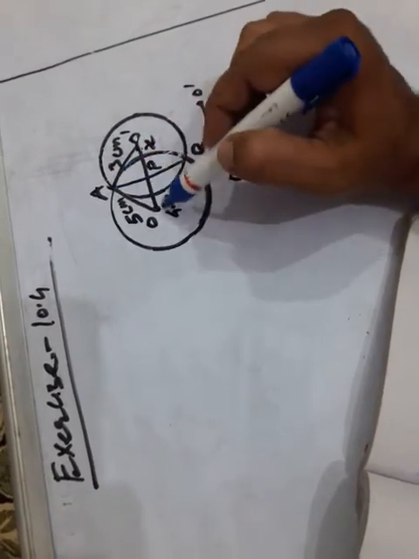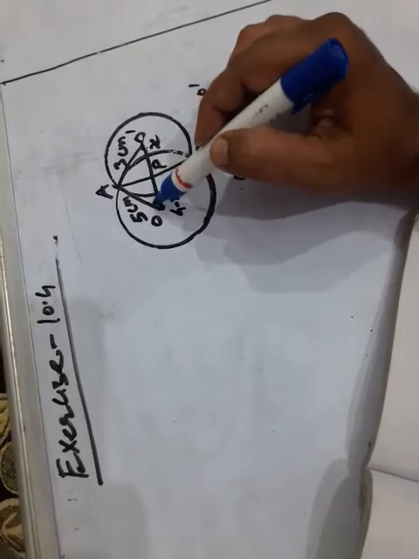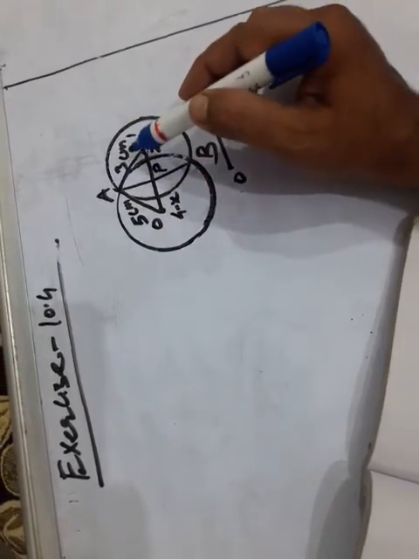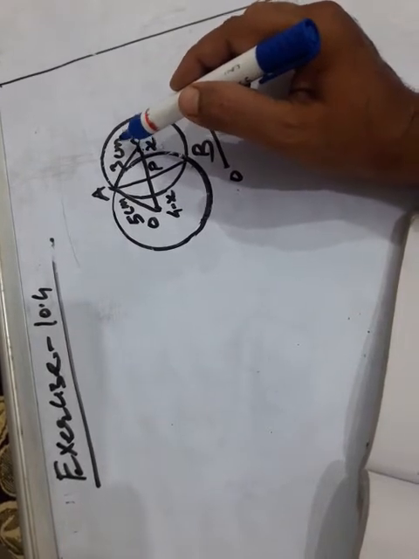AB is the common chord of both the circles. Now OA is the radius of the bigger circle and O dash A is the radius of the smaller circle, that is 3 centimeter.